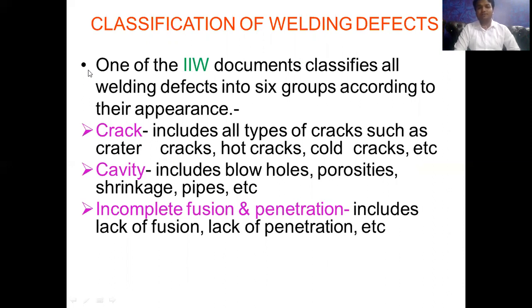Now, classification of weld defects. One of the IIW documents classifies all welding defects into 6 groups according to their appearance.